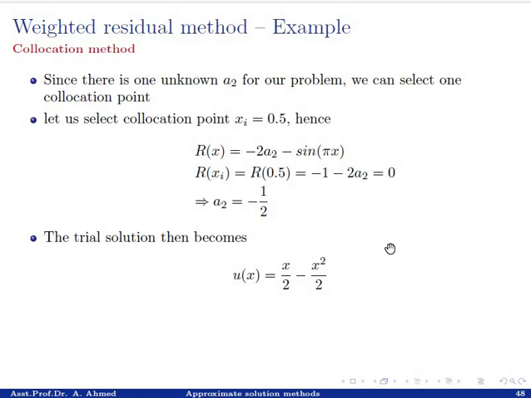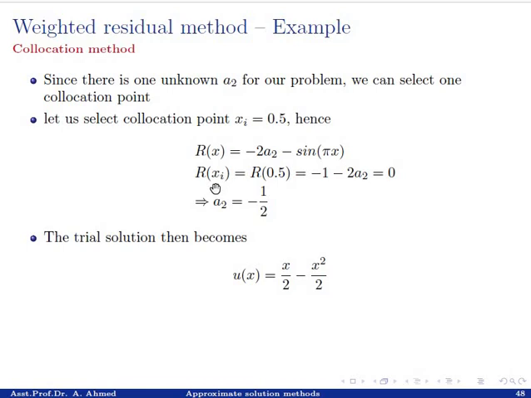Then that trial solution must respect the boundary conditions, so it must satisfy those boundary conditions. Based on that, I calculated the admissible trial solution. Once the admissible trial solution is there, I incorporated it into the differential equation, and I got this residual equation. Okay.